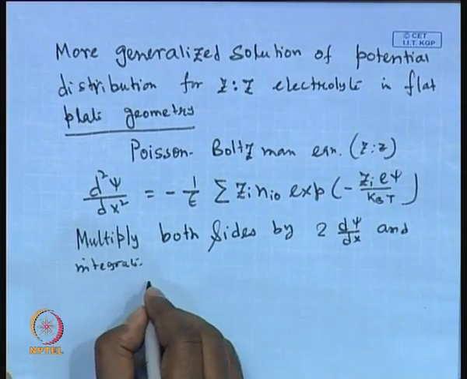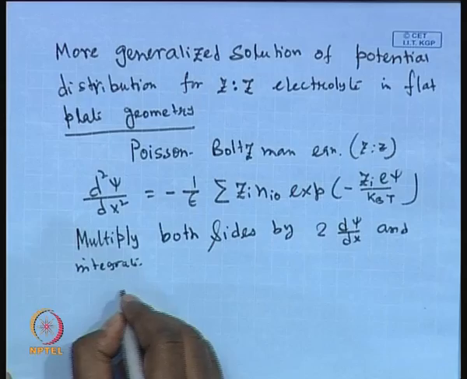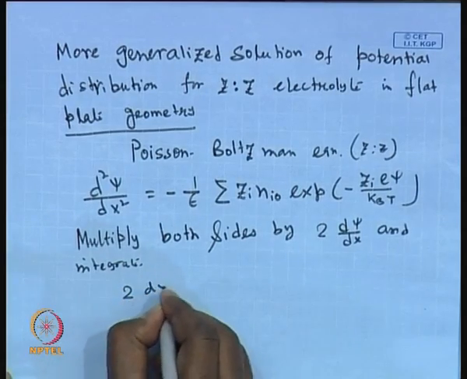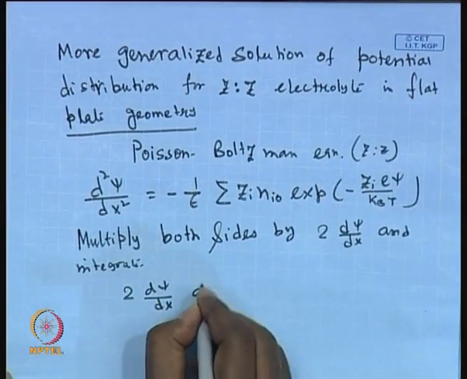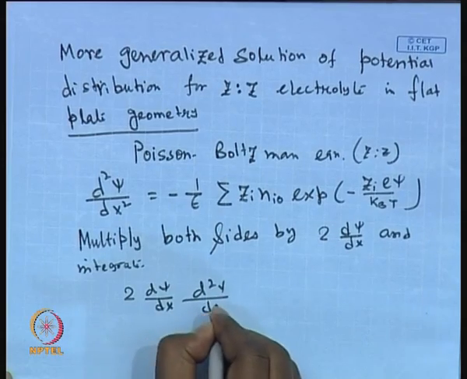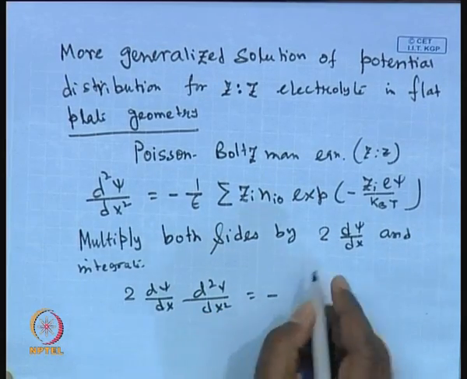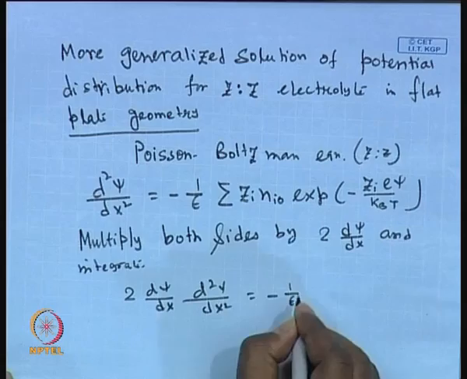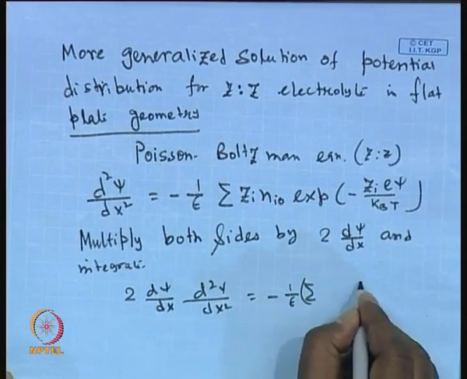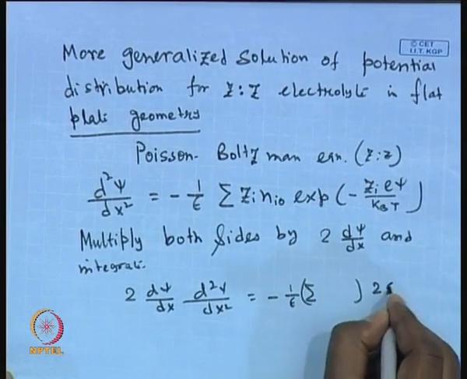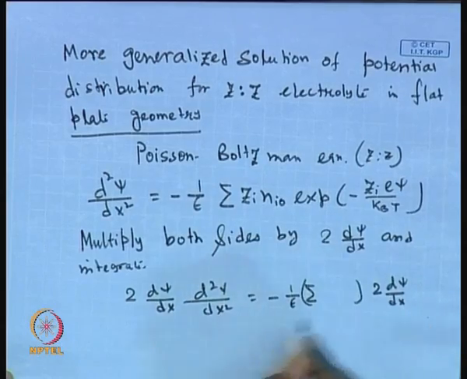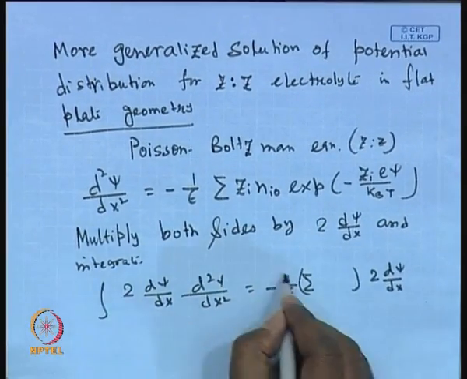You will be getting, if you do that, that means you multiply both sides by 2 d psi dx, d square psi dx square minus 1 by epsilon, this whole term, and then you integrate it out.